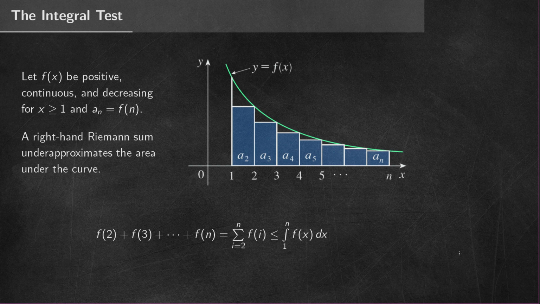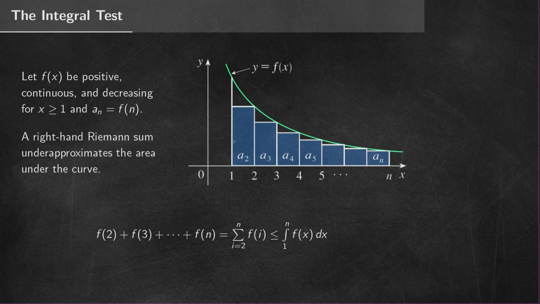If we consider a right-hand Riemann sum, we can see in the diagram here that the Riemann sum is going to be an under approximation of the actual area under the curve. But the Riemann sum, we're adding up a bunch of areas of rectangles. So this represents a series.